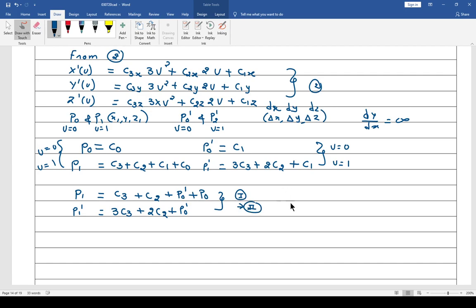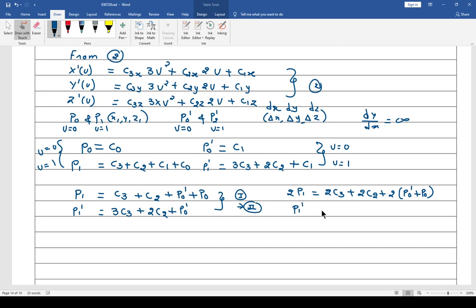To save space, I multiply the first equation by 2 and subtract. So I get 2p1 is equal to 2c3 plus 2c2 plus 2 times p0 dash plus 2 times p0.